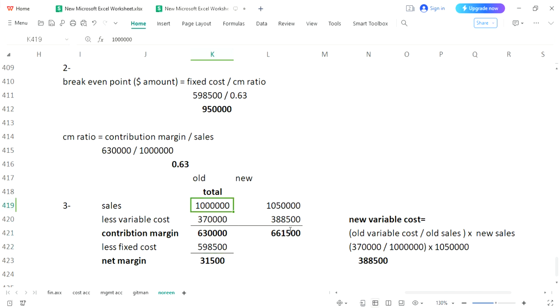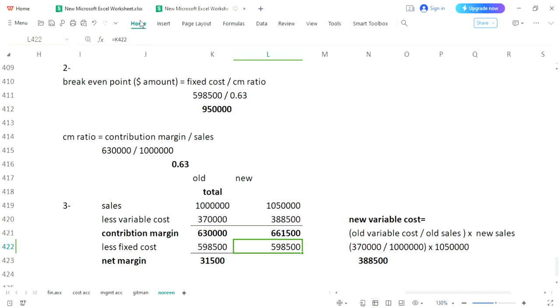At 10 lakh of sales, your fixed cost was 598 and now your sale is 10 lakh 50,000. So how this fixed cost would be calculated? Someone of you would have a good answer that fixed cost means fixed. It would always be fixed whether your level of production is increasing or decreasing. So in other meaning, this fixed cost would be written in a similar way.